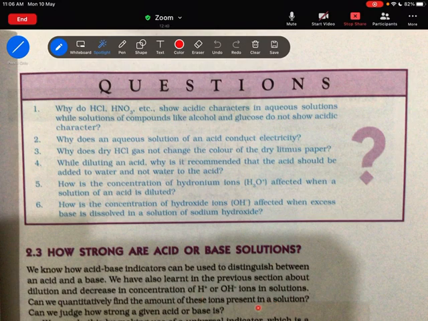Yes, we can. We can do this by making use of a universal indicator, which is a mixture of several indicators.